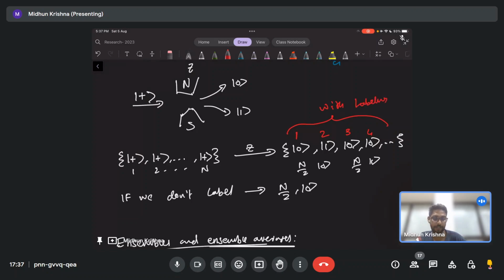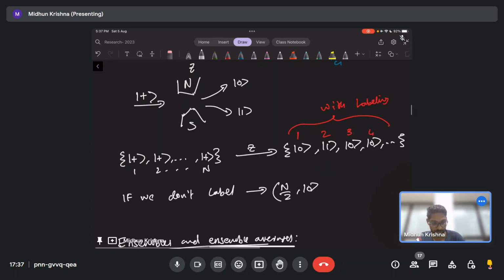With labeling, as in I know what the outcome of the measurement is. Like I've kept track of which one is which. So without labeling, all I can say is n by 2 of them are in zero state and n by 2 are in one state, right? So if I give you something of this form, a mixture of 0 and 1.